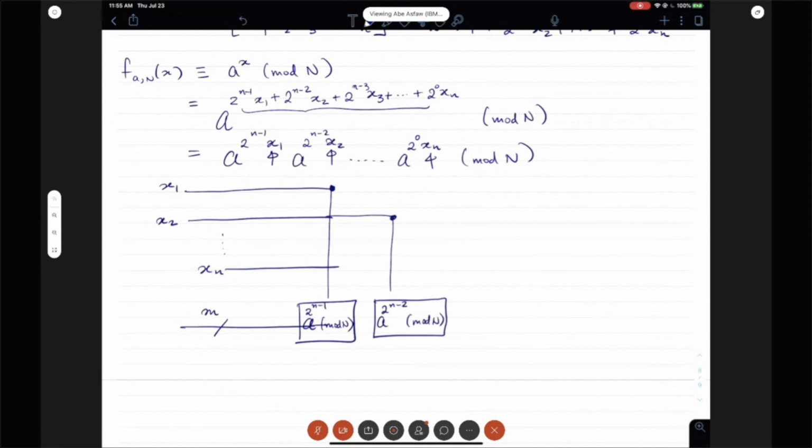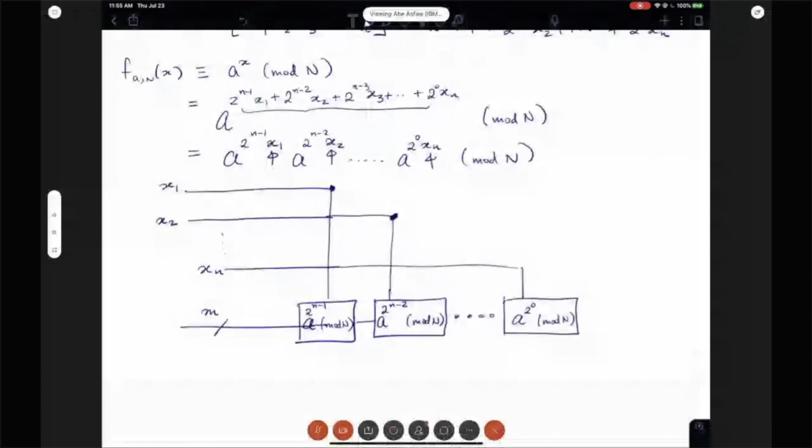And notice that the exponent doesn't contain x1 and x2 anymore, right? The way I'm implementing it is by doing these controls, going all the way down to a to the power of 2 to the power of 0 modulo n. So that's how you'd implement that box.